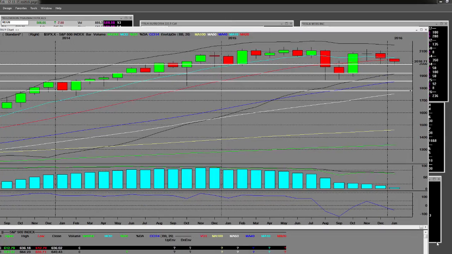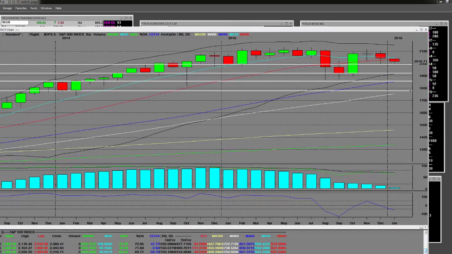And I'll give you the monthly moving averages on the S&P right now. That 20-month moving average is at 2032. We closed on the S&P 500 today at 2016. And we're definitely on a bear move on this wonderful chart right here that people have to deal with.